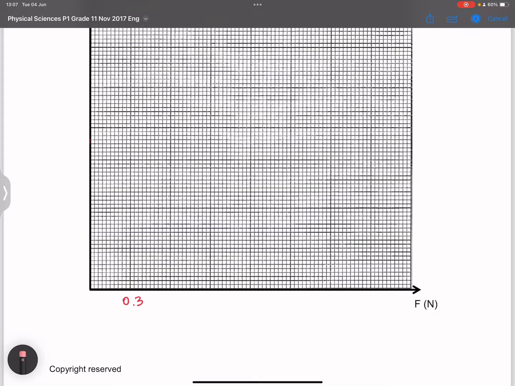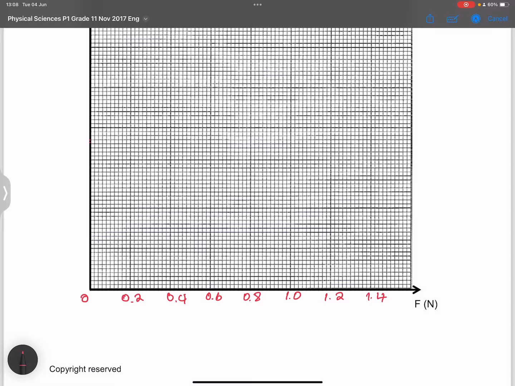And the rule is your graph should always be greater than half of the space that is given there. So let's choose a different scale. Let me choose 0.2. So I'm going to have 0, 0.2, 0.4, 0.6, 0.8, 1.0. Can you see now I went beyond just half, right? So that would be 1.2. Okay, let's say 1.4 and continue from there.